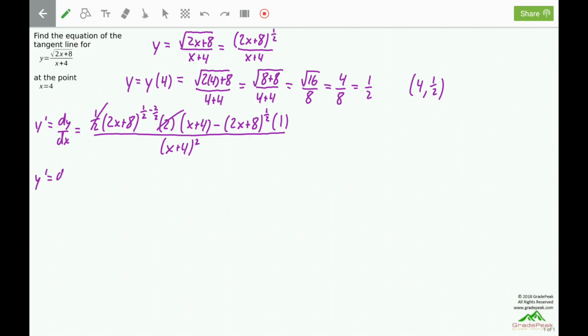And our y prime or dy/dx will be 2x plus 8 to the 1 minus 2, which is negative 1/2 power, times the x plus 4, minus 1 times the 2x plus 8 to the 1/2. 1/2 means square root.